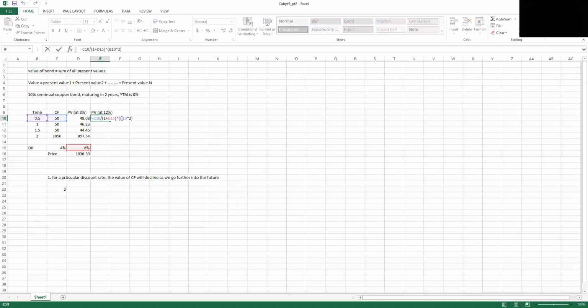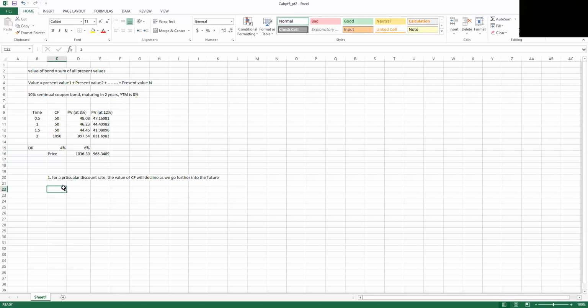Because we are going to drag this formula, let's fix this discount rate. So we get 47.16, and when we drag it and sum these values, we get 965. You can see and feel the difference.